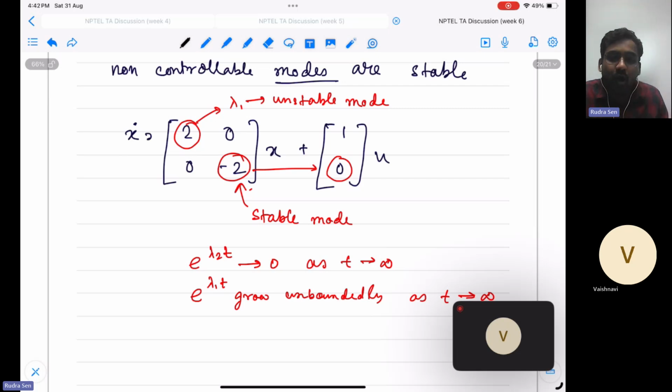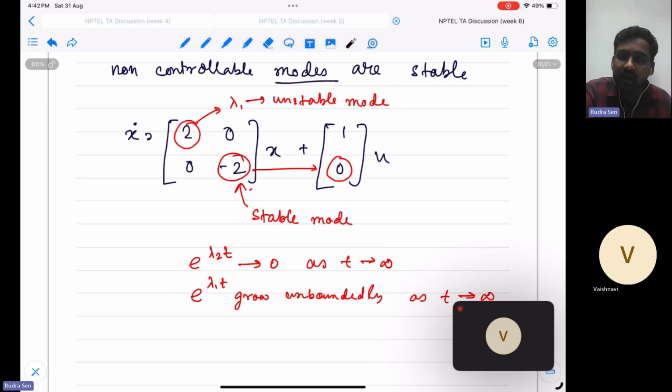So to stop this state from growing unboundedly, we need a control input. That's why, to control this unstable mode, we have a control input. That means we can at least control the state x1.